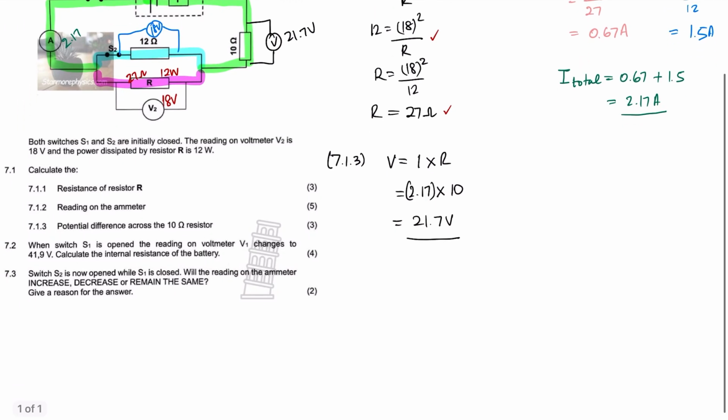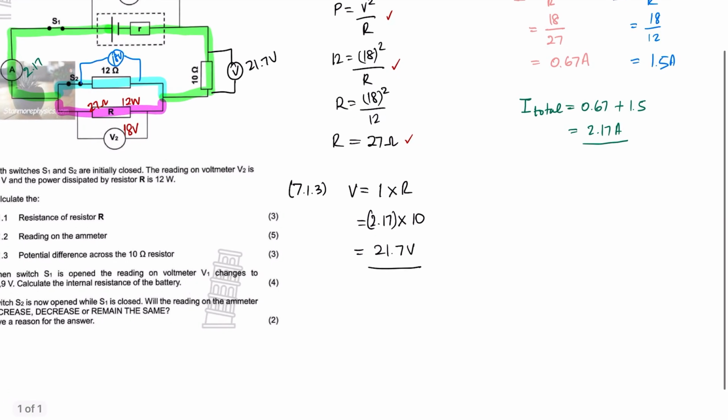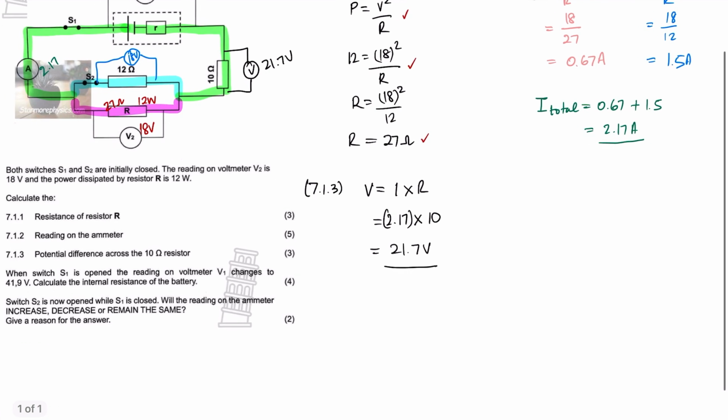Now 7.2: when S1 is opened, the reading on the voltmeter V1 changes to 41.9 volts. Calculate the internal resistance of the battery. When switch 1 is opened, there is no current flowing through the circuit.